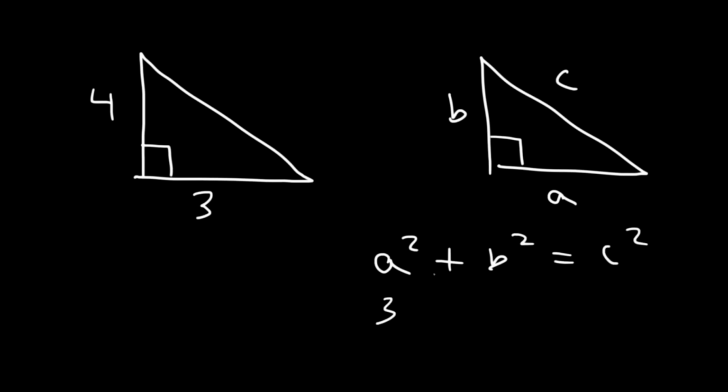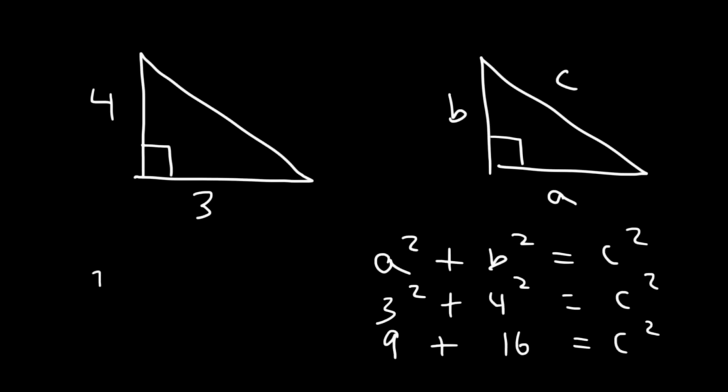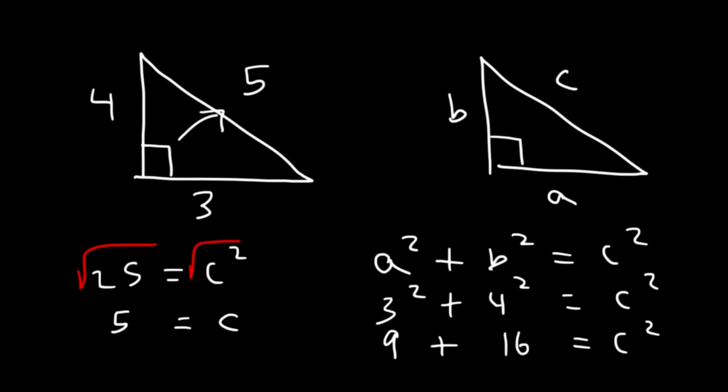So we can say a is 3, b is 4, and let's find c. 3 squared is 9, 4 squared is 16, and 9 plus 16 is 25. So if you take the square root of 25, this will give you 5. So the length of the hypotenuse, which is the side across the 90-degree angle, represented by this box, is 5 units long.